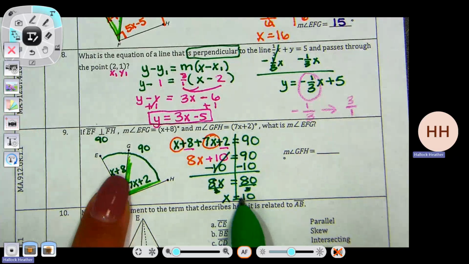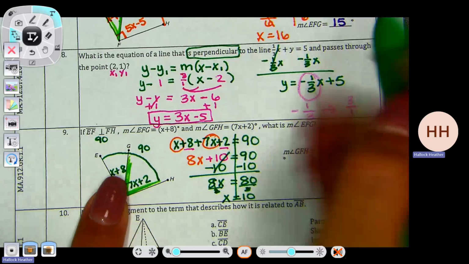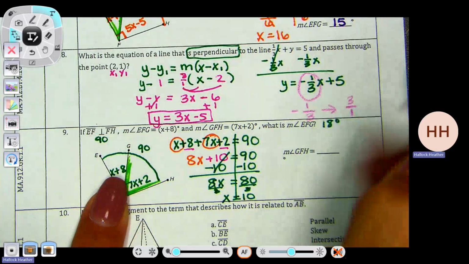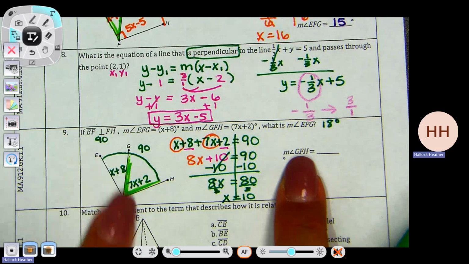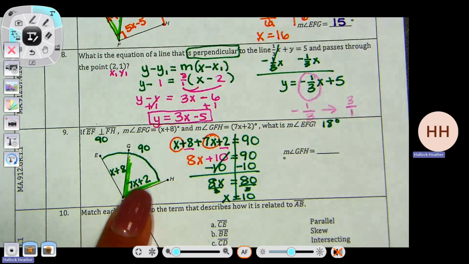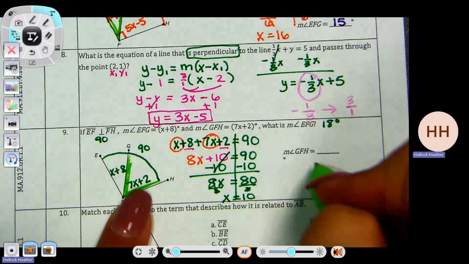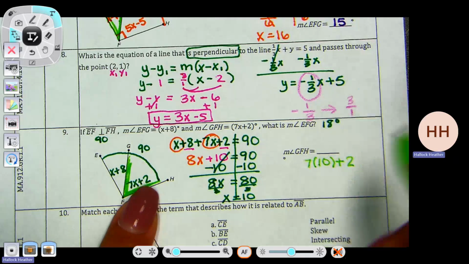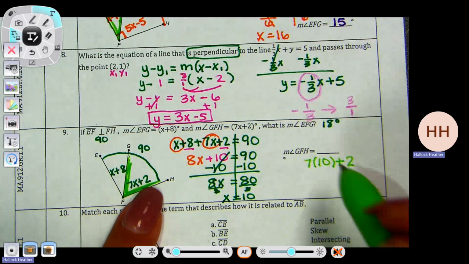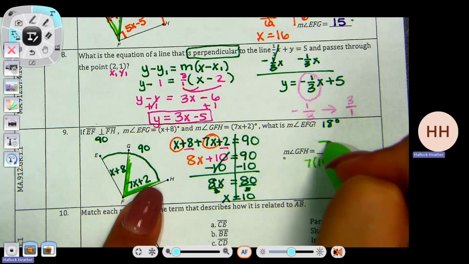If x is 10, 10 plus 8 makes 18 degrees. And then I forgot to change this when I made the extra problem. GFH, the bigger slice, if I plug it in, I'm doing 7 times 10, and I'm adding 2 because I'm plugging it into this equation. So that's 70 plus 2 is 72.